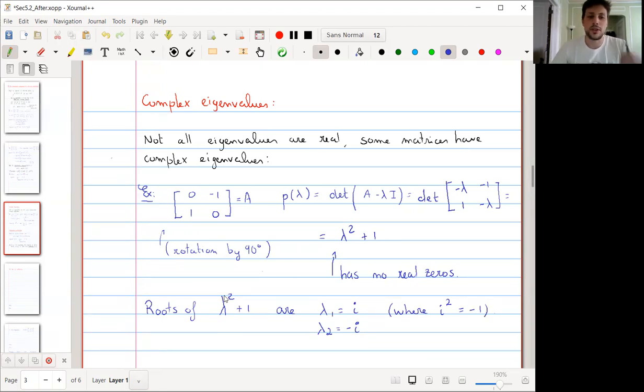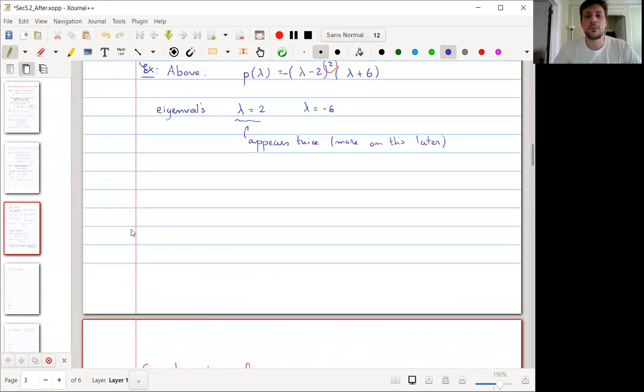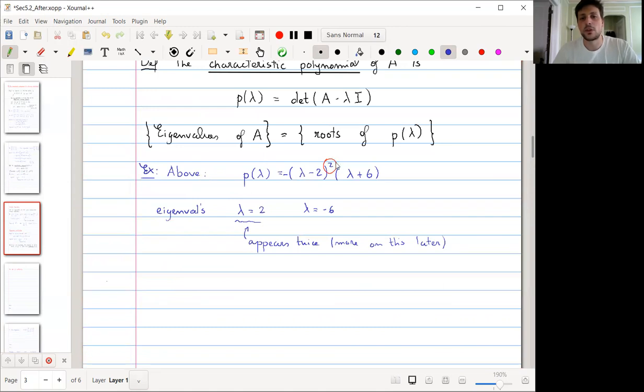We won't delve further into this, but it's something that's good to be aware of. Okay, in the next video, we'll talk more about the role played by these exponents, also called the multiplicities of eigenvalues.